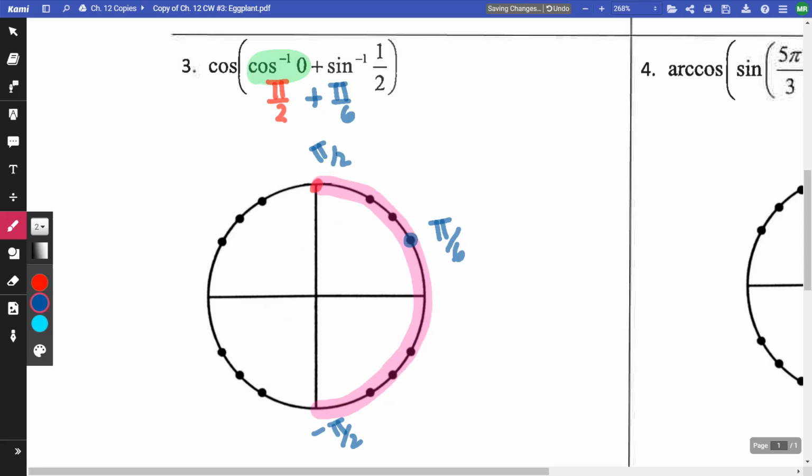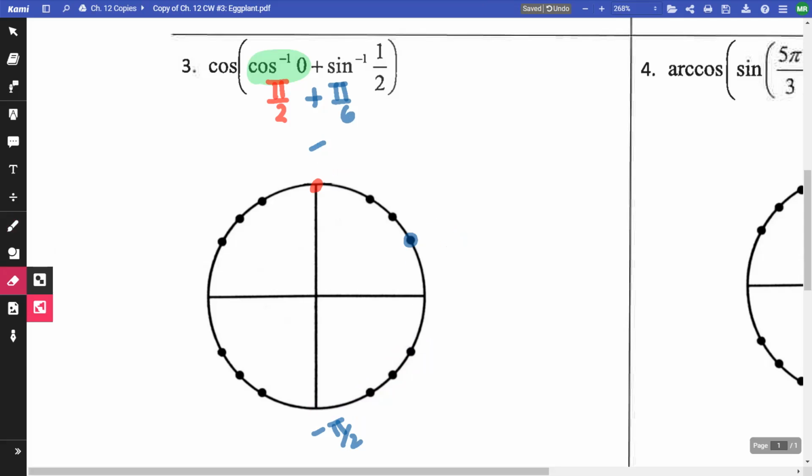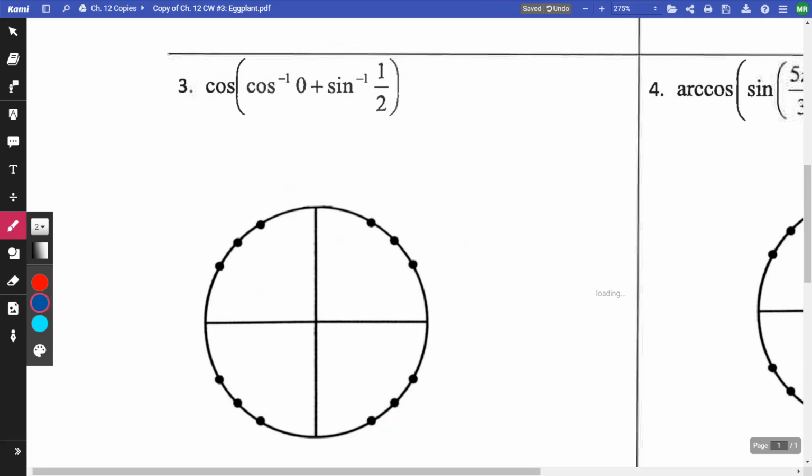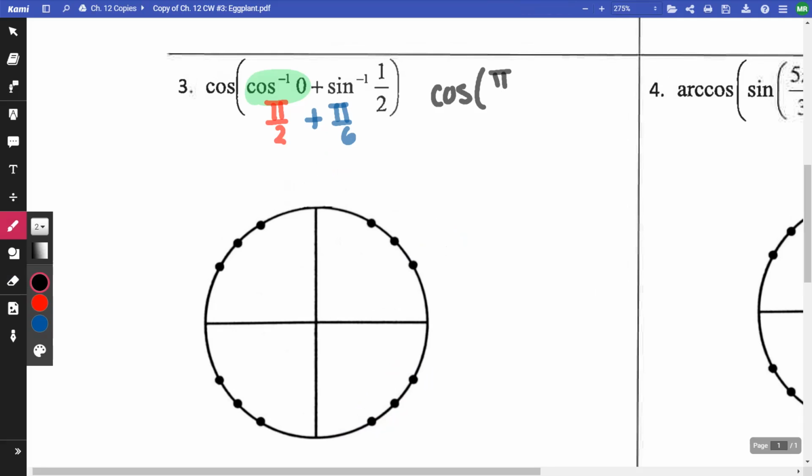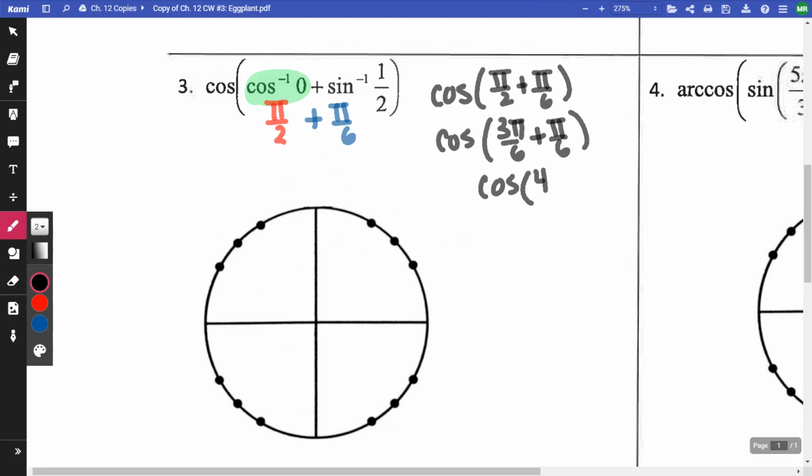So now I am going to be trying to figure out where my cosine of, and I'm going to add pi halves and pi sixths together. When I add those together, I do need a common denominator. So that's going to be 3 pi sixths and pi sixths. So really, this is going to be 4 pi sixths, which can reduce to 2 pi thirds.